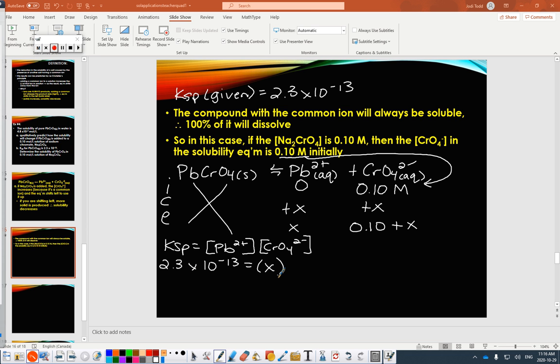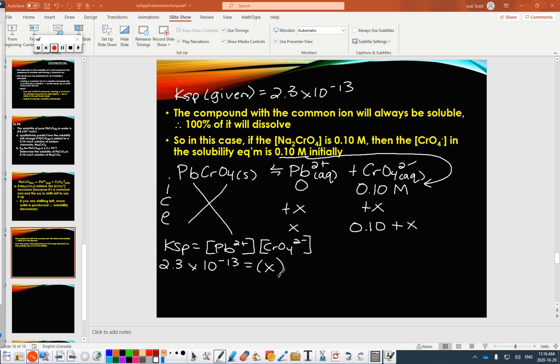So when we do this, if we put 0.1 plus x, we're going to have to distribute, and we're going to get an x squared term and an x term, which means we would have to do the quadratic formula, which is fine. However, is this a very big number? No, it's tiny, right? 12 zeros and then 2, 3.